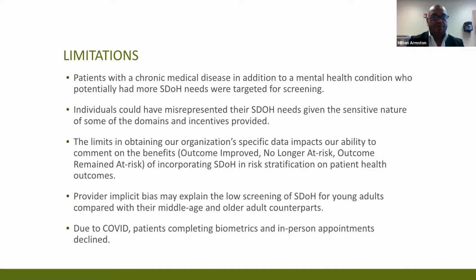One other thing that I found, and this was something that I noticed when we had started looking at depression screening in our patients, is that providers and medical assistants may, with the depression screen, not screen older adults because they didn't think those patients were at risk. What I found with social determinants of health is that sometimes the providers didn't screen our younger patients, maybe with the assumption that those patients didn't demonstrate need.